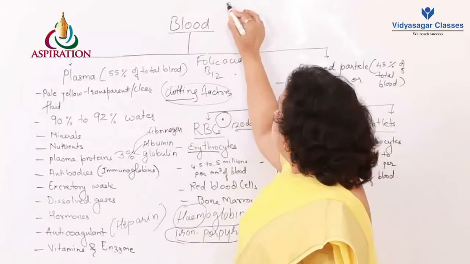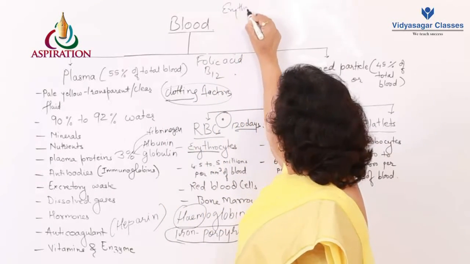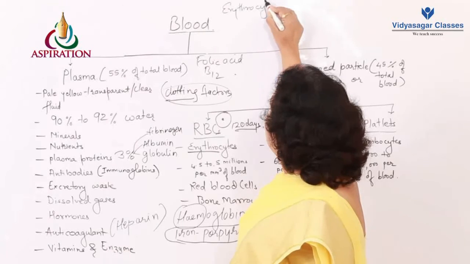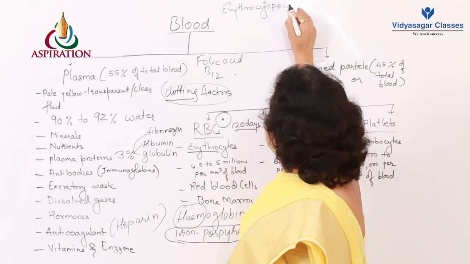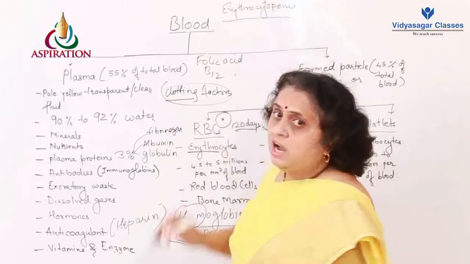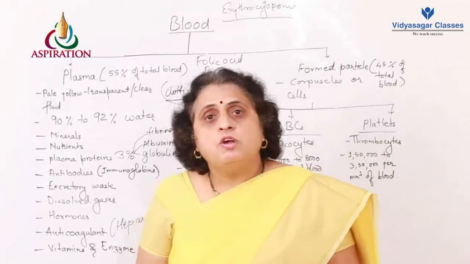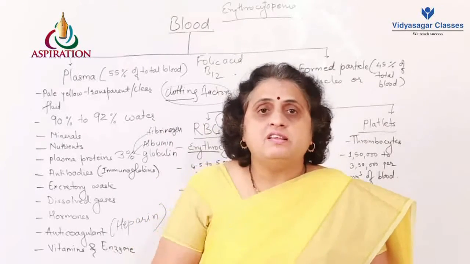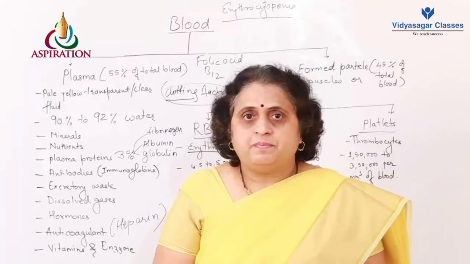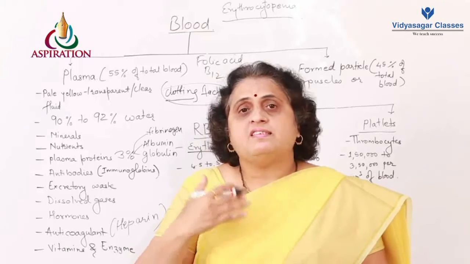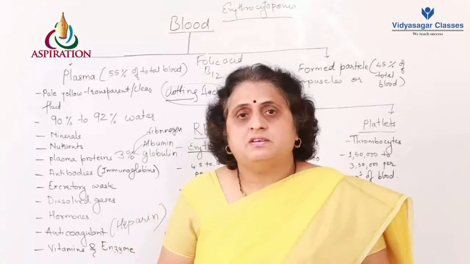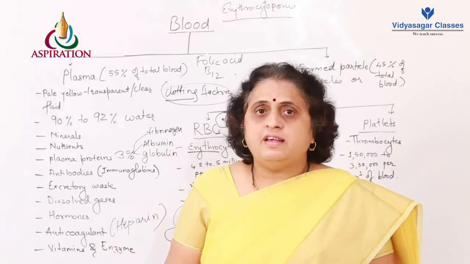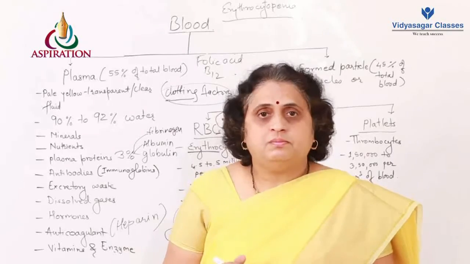Erythrocytopenia. Erythrocytopenia is a term that we use for abnormal decrease in the RBC. If the RBCs are extensively increased, then it is called erythrocytosis.